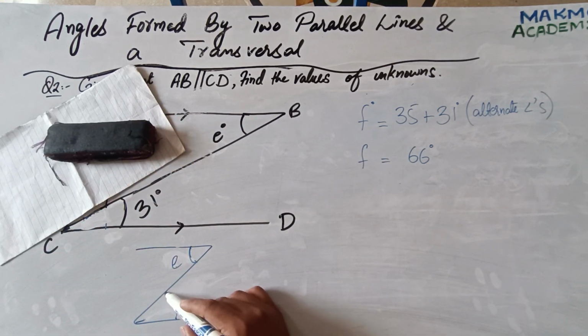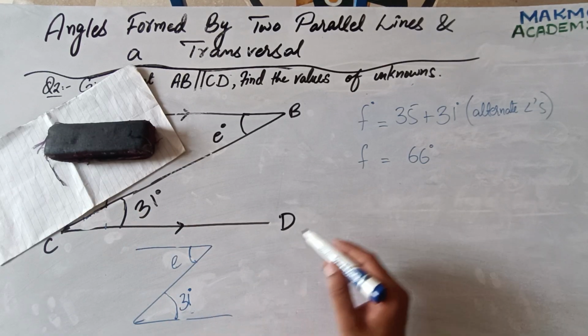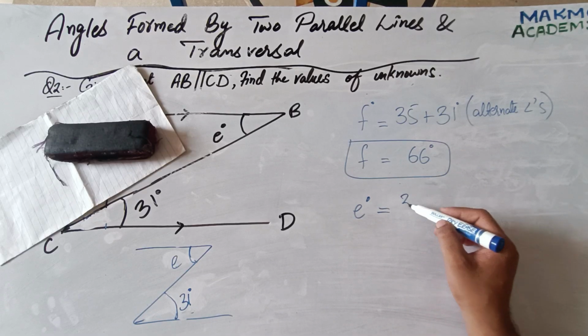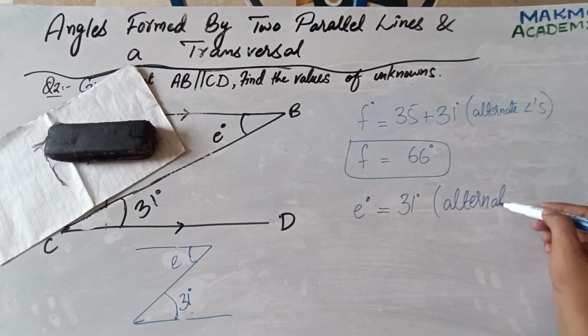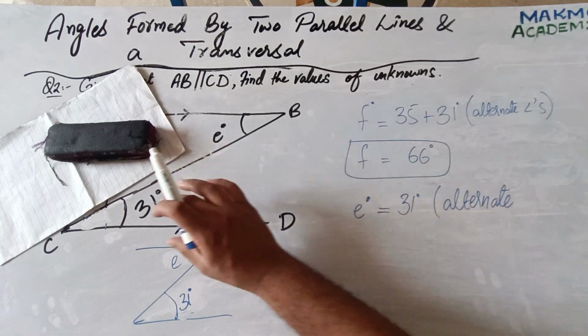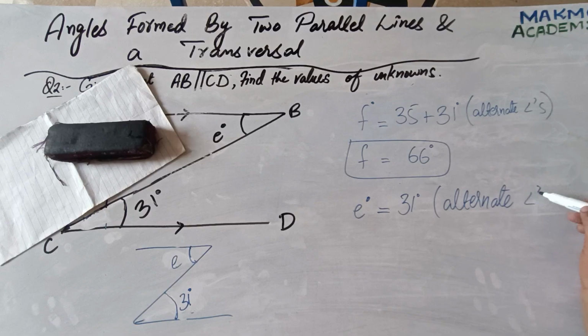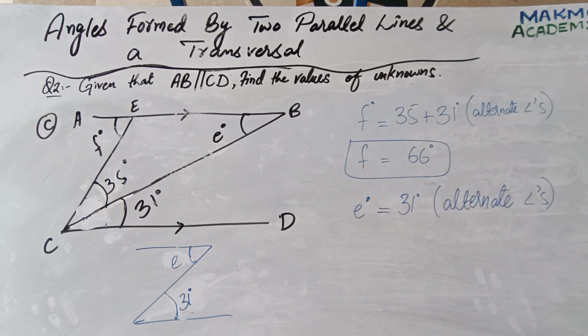We are not talking about 35 right now. So E and 31 degrees are equal to each other according to alternate angles. Again alternate angles, but this time the half portion of that part is equal to E. So I hope you have understood how to find out the value of unknowns in the picture. Now let's see further.